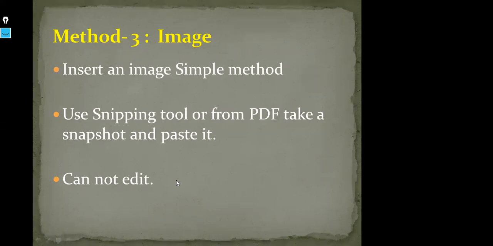Mainly in the other activities, if you want to type directly on Moodle, instead of an image you can type and you can use MathType or you can use the equation editor. But for MCQs, yes, you can use any of the three things. You can use a snipping tool or you can take a snapshot from a PDF and paste it and you will get that MCQ there.